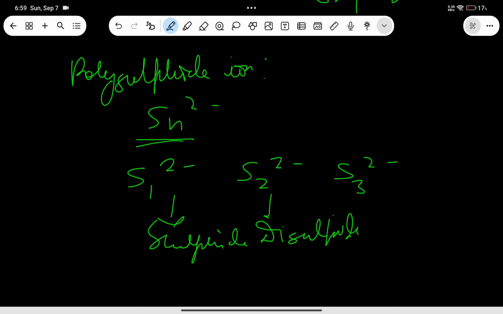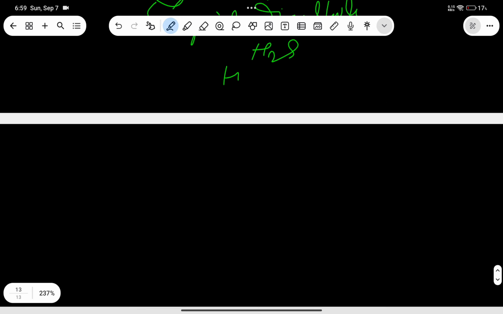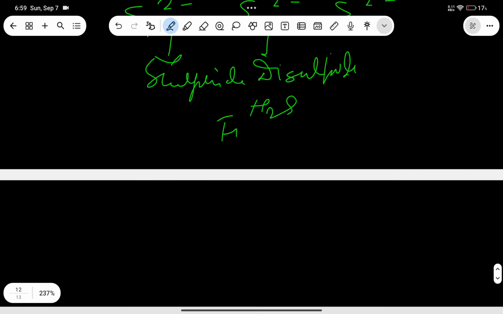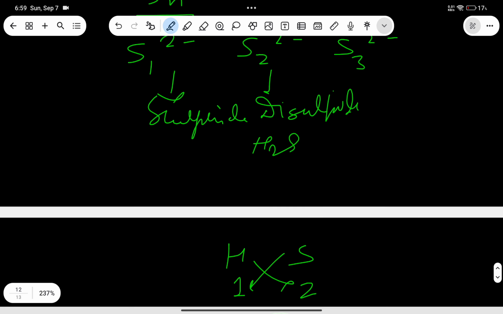For example, H2Sn, so H is 1 and this is 2, H2S2.